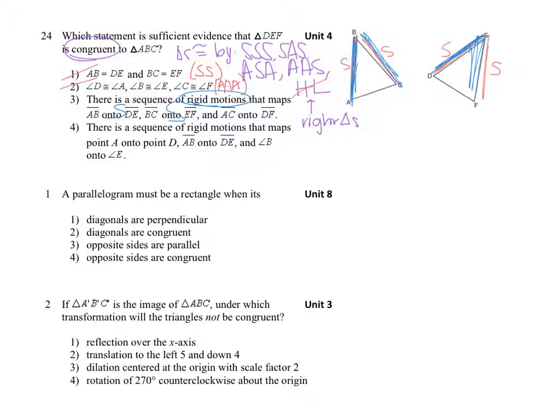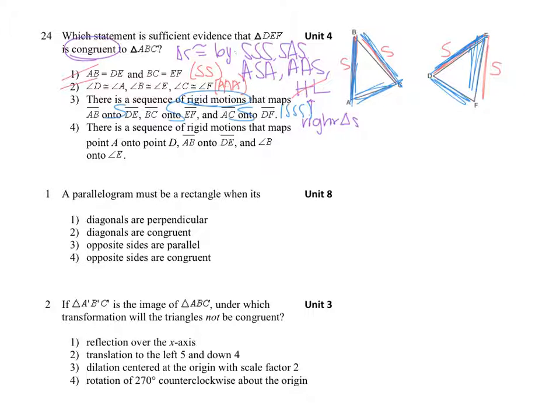That's awesome, another pair of sides. And AC onto DF. Fabulous, a third pair of sides. So this is looking like SSS. But let's take a look at choice 4 because it's always very important to check all of your choices.